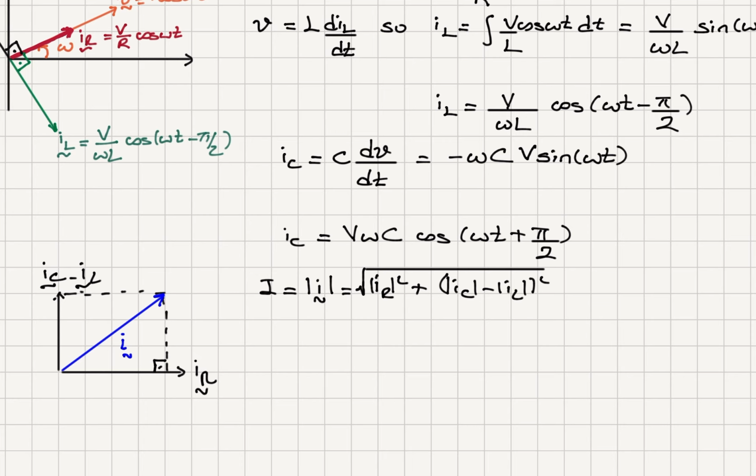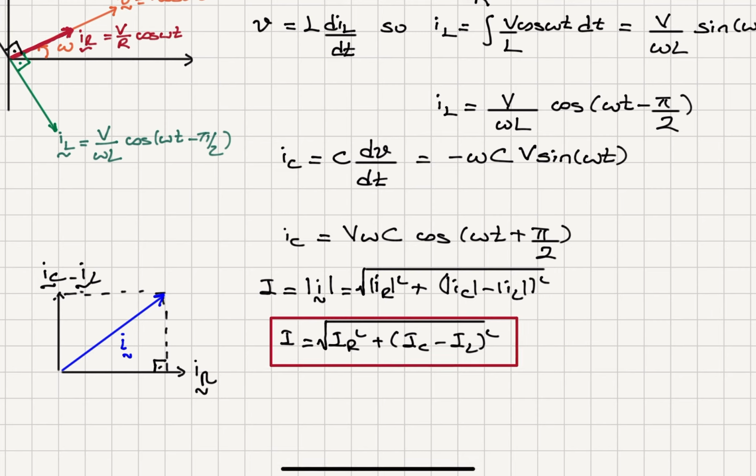So this gives me the hypotenuse, the magnitude of the current phasor, which is I. So with that, I is equal to the square root of I sub R squared plus (I sub C minus I sub L) squared. That's the answer I was looking for.